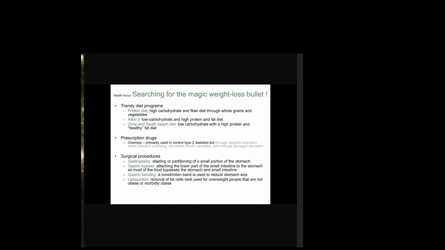So there are many kinds of diets that exist. We have some diets they call the Pritikin diets, where you eat high carbohydrates and high fiber, eating whole grains and vegetables. Then some would say eat high carbohydrates and high protein and fat, and the South Beach and the Zone diets, low carbohydrate and high protein. They have different kinds of diets for different things.